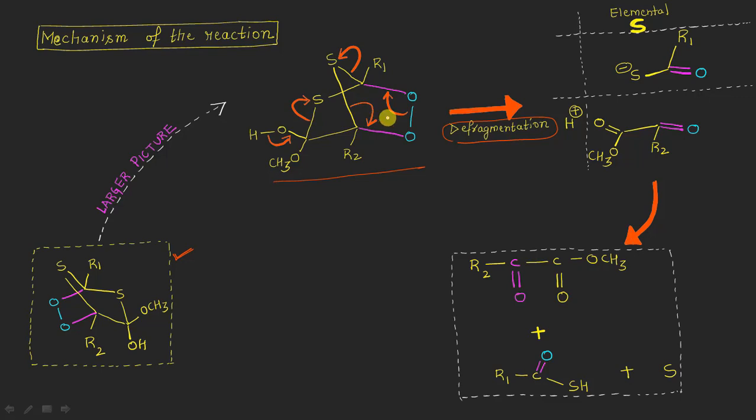these electrons of this oxygen-oxygen bond shift from here to here in this way, such that it results in the formation of a double bond, which you can see here. And after that, these electrons of the carbon-sulfur bond shift between this carbon and this oxygen here in this way.